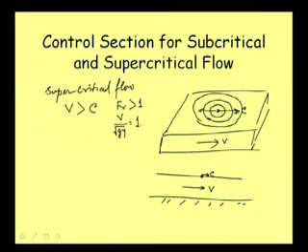It can be shown that for a rectangular channel this root over g y is nothing but c. So, we can write v by c is greater than 1. That means we can write that V is greater than C.